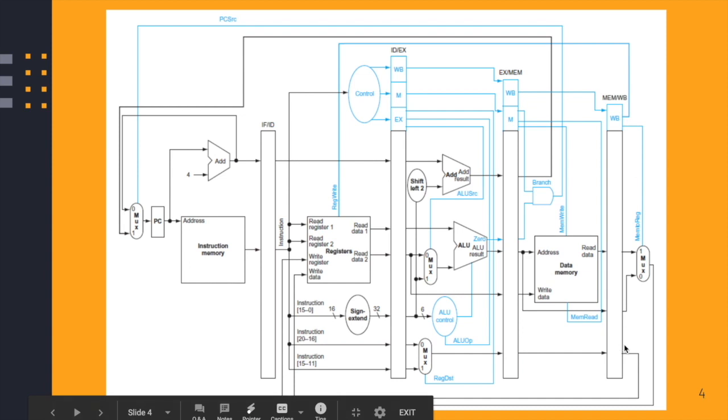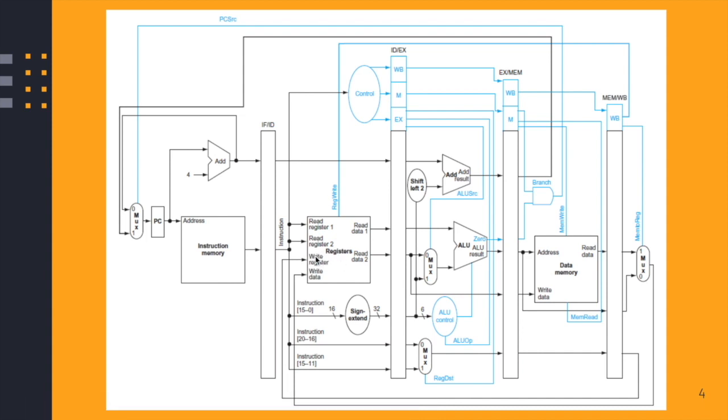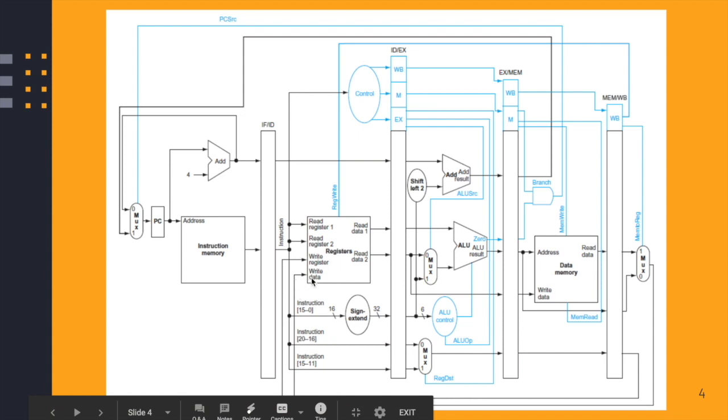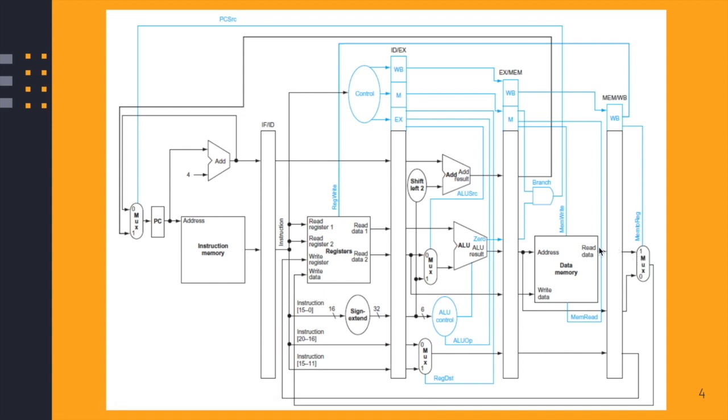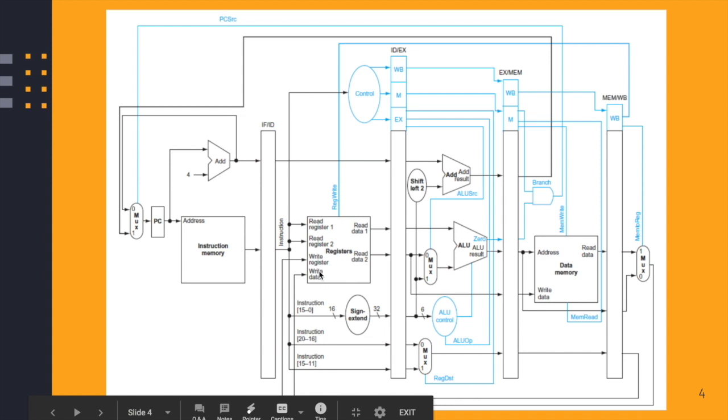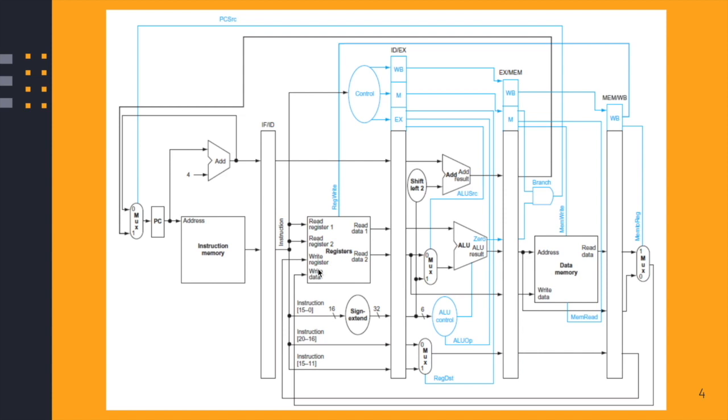There, in the write back stage, I'm going to take the register number and pass it to the write register field of the register file, while I'm also going to pass the write data from this multiplexer, which selects whether I'm going to take the data from the data memory or from the ALU result, to the write data field to be written in the register specified in the write register port. Okay, and this is the implementation you are going to implement in the project.